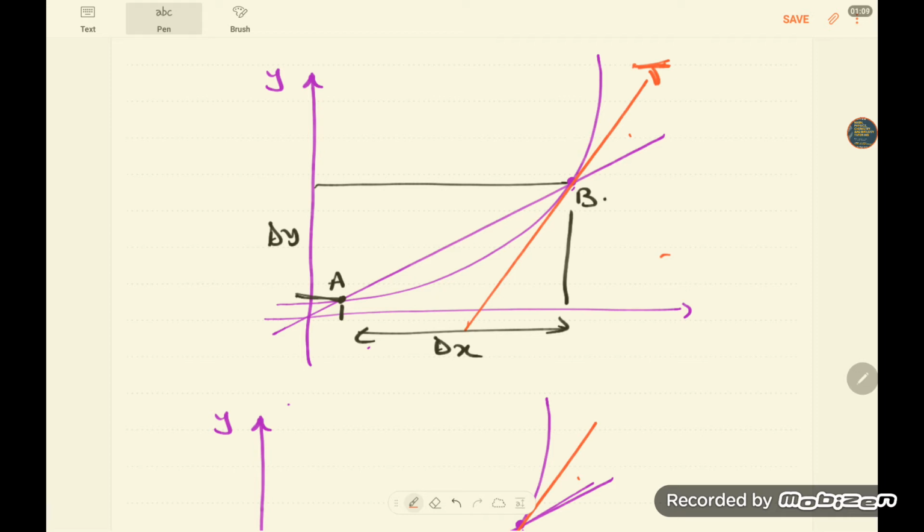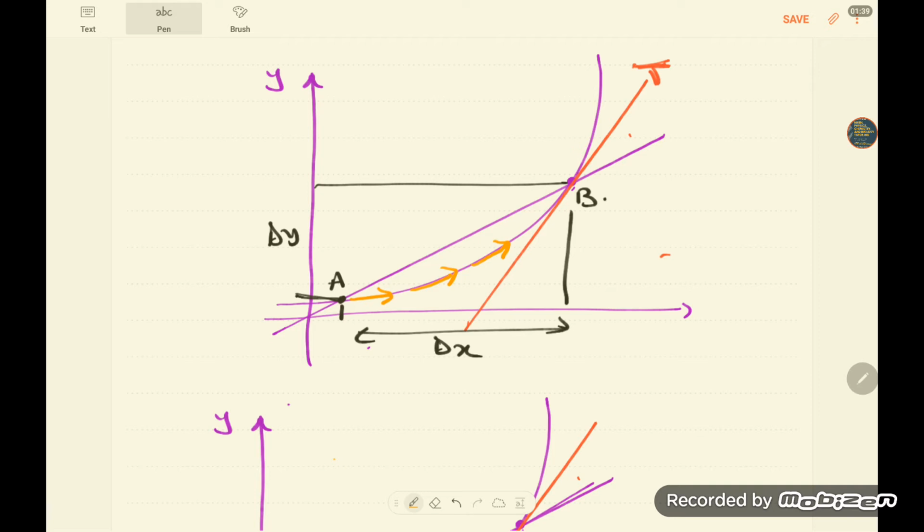So what we do is start off with the line AB as an estimate, poor as it may be, but we then try to move the point A further up the curve, approaching B. Because as it approaches B, the line AB also approaches the gradient BT.